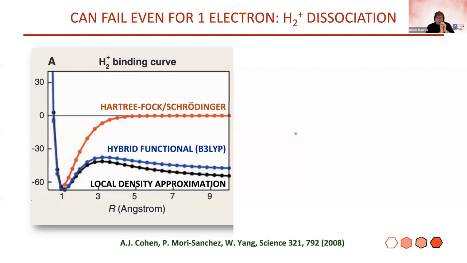And if you are very smart and you use a hybrid functional, a regular one, there are more sophisticated hybrid functionals that probably Professor Kronik will mention later. But if you use a standard hybrid, you mix LDA and Hartree-Fock, and what you get is blue, which doesn't look very good. What is wrong is that the limit at dissociation is very, very poor. That is, the energy of the proton with half an electron on top is much, much lower than what it should be.